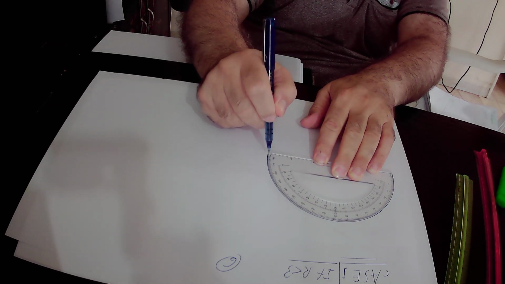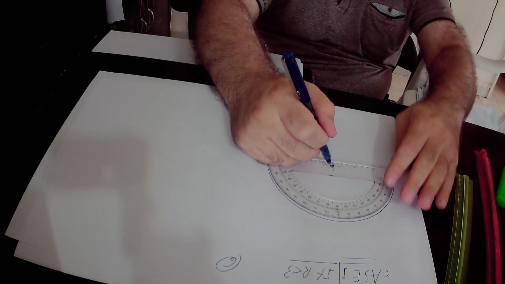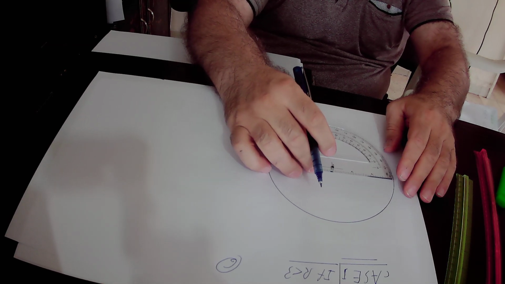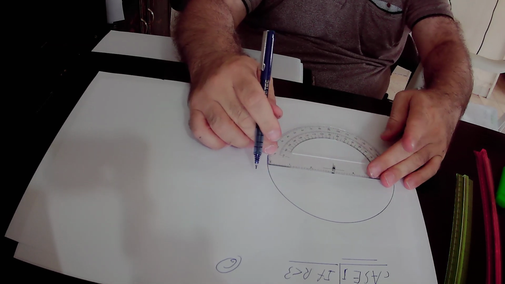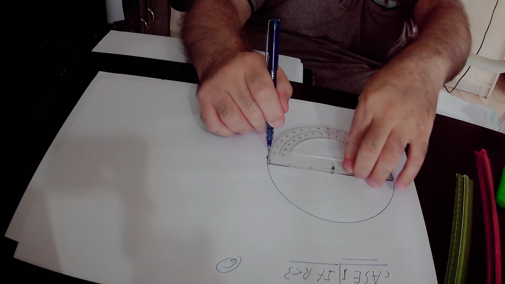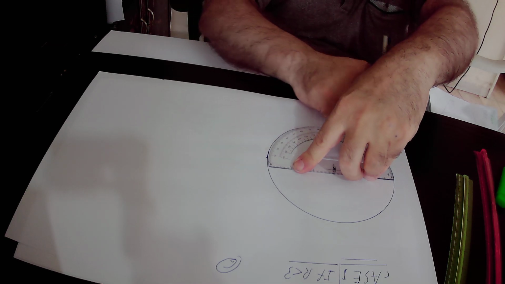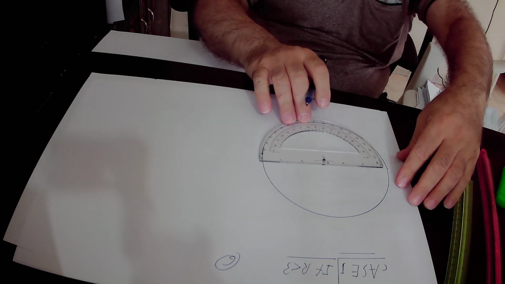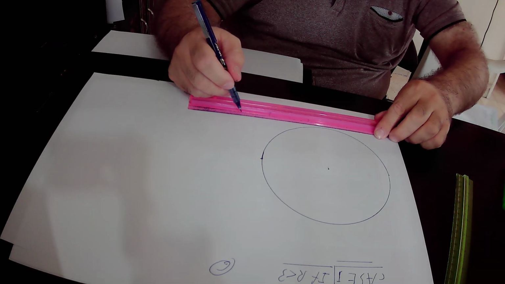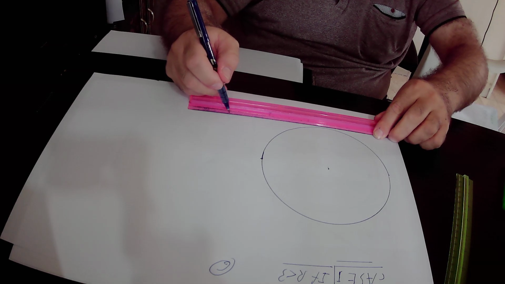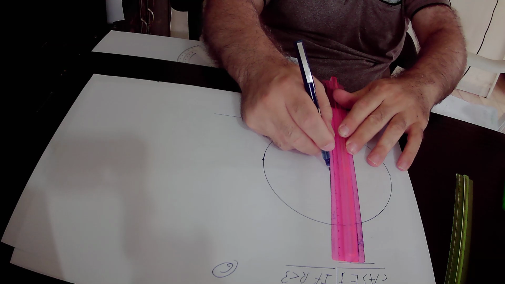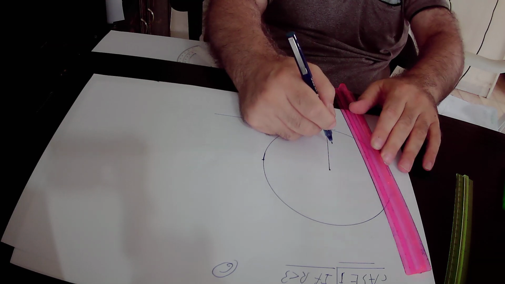So I will draw the circle. This is the radius.